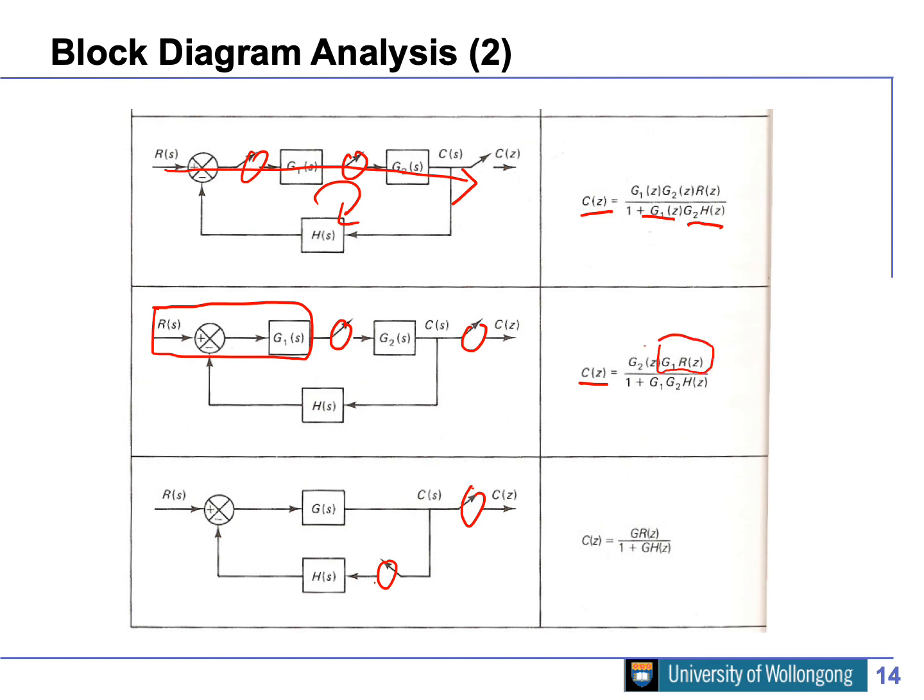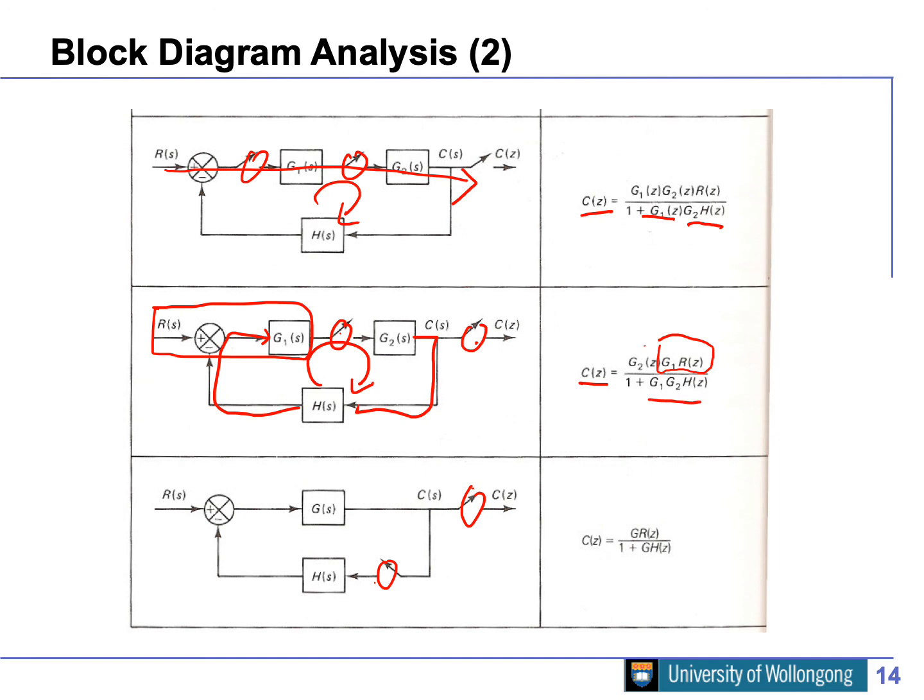Then for G2(s), because it's separated, you do G2(z) separately. And then 1 plus the loop. Inside this loop, G2 is connected to H, and H is connected to G1, so it's 1 plus G1 G2 H(z). So you multiply these three in the S domain, then do the Z transform, because they are all connected.